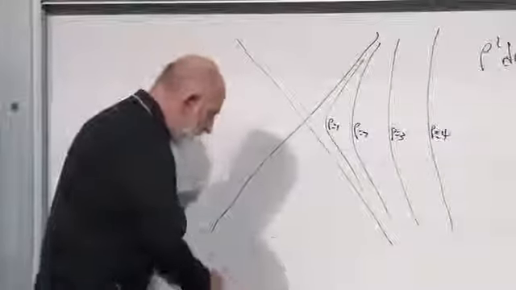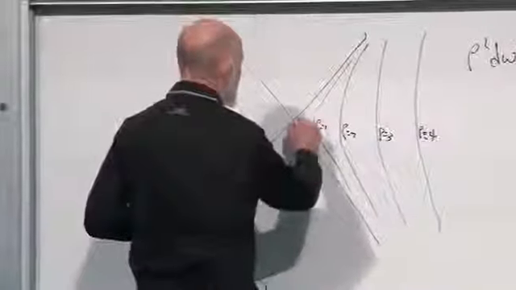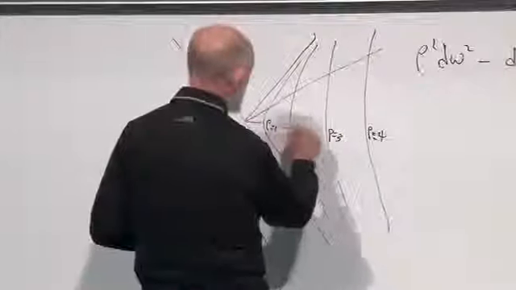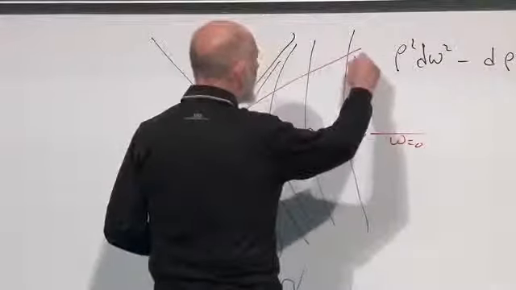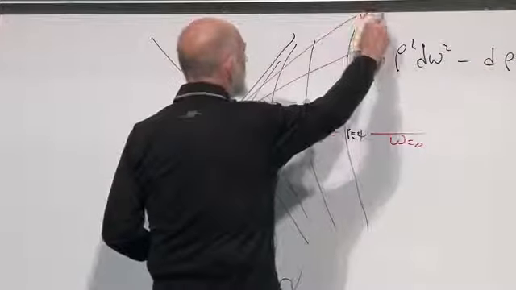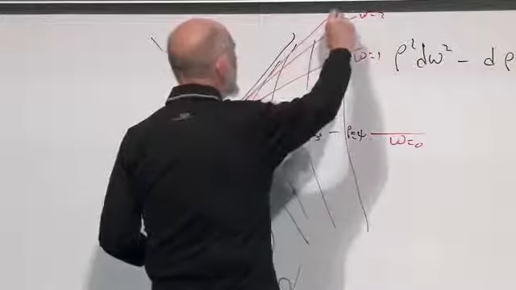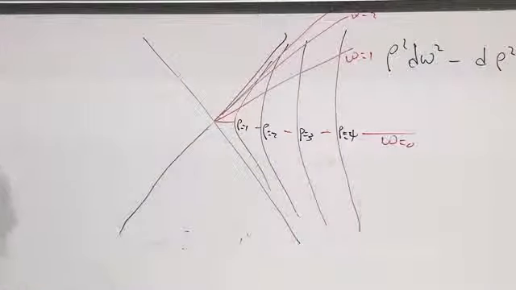The lines of constant omega look like this. Omega equals 0, omega equals 1, for example, omega equals 2, omega equals 3. Where is omega equals infinity?